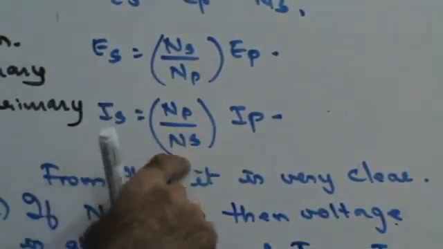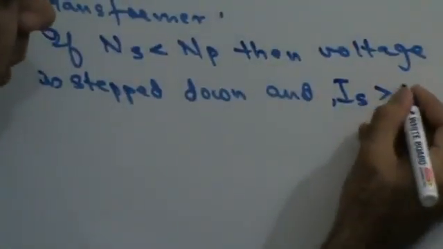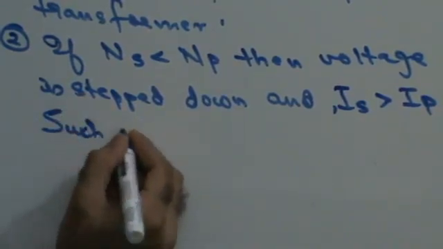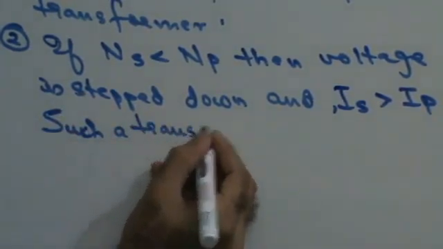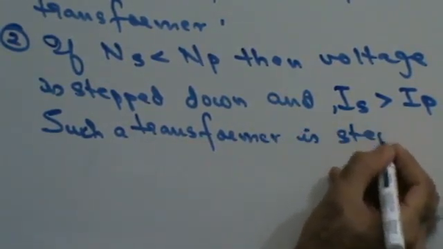And now see, NS is less than NP, so this fraction will be greater than 1. Therefore IS will be greater than IP. Do we get this thing here? Such a transformer is a step down transformer.